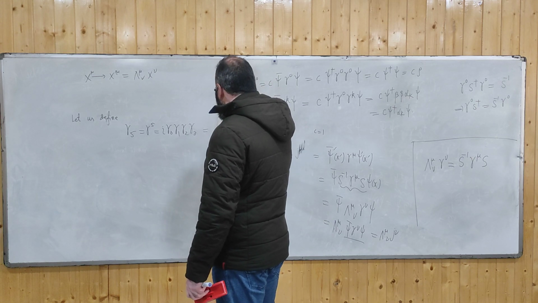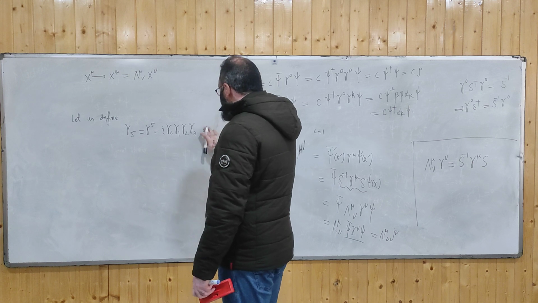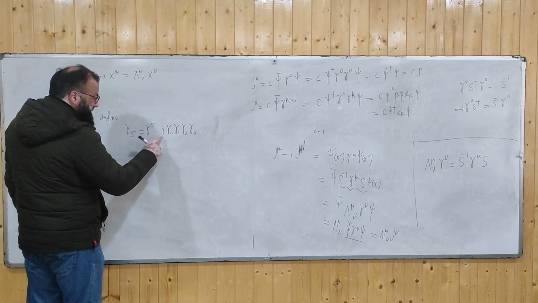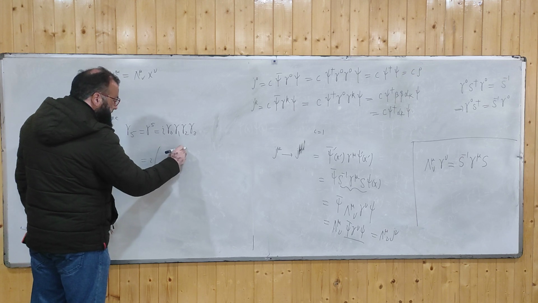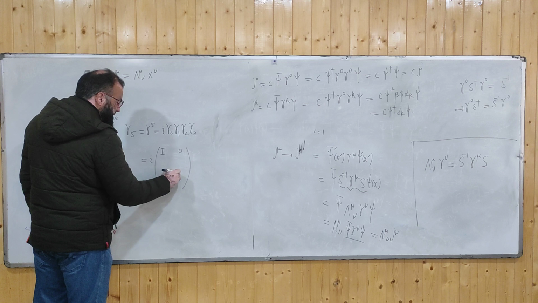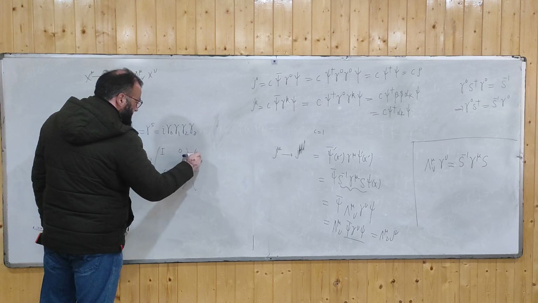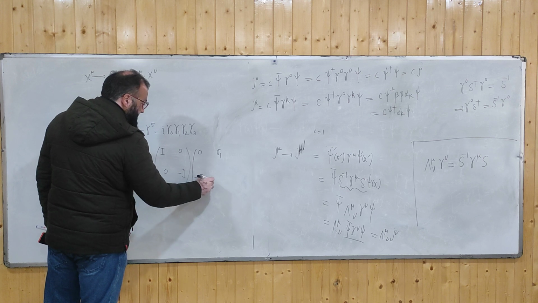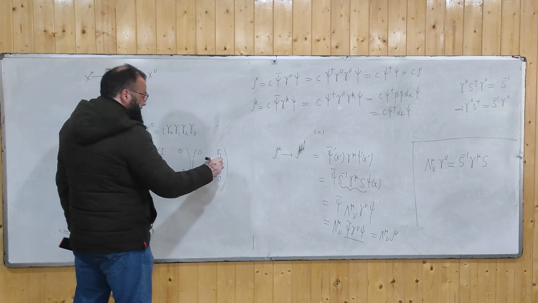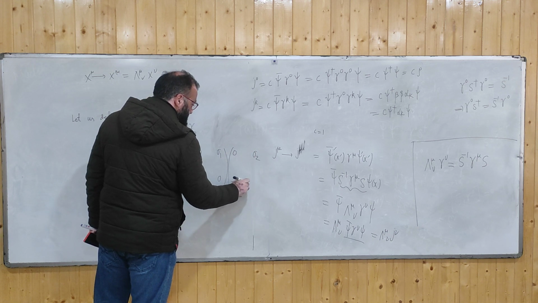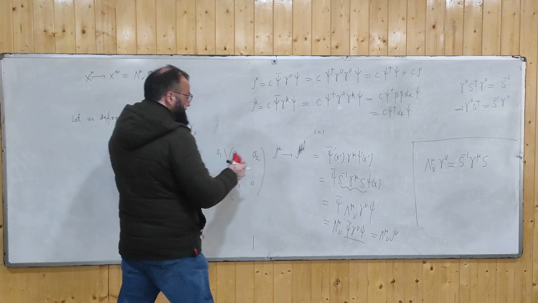Let's multiply. It's I times, what is gamma 0? It's I, 0, 0, minus I. What is gamma 1? 0, sigma 1, minus sigma 1, 0. And gamma 2 is 0, sigma 2, minus sigma 2, 0.